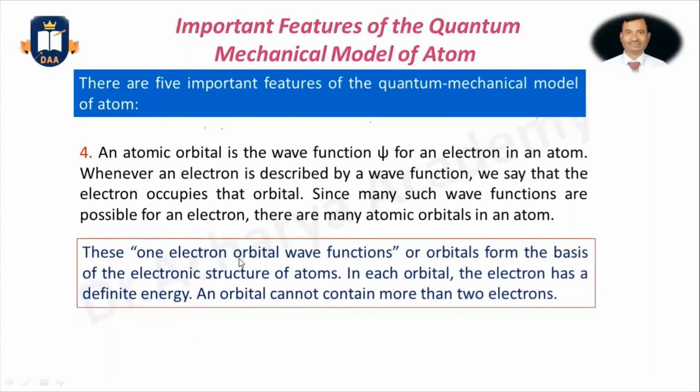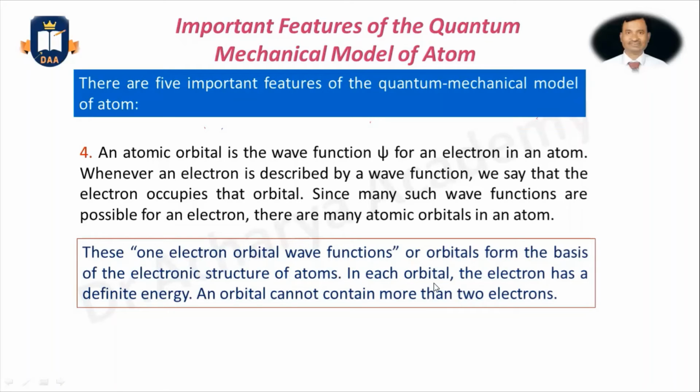These one-electron orbital wave functions, or orbitals in plural, form the basis of the electronic structure of atoms. That means whatever we observe nowadays about the electronic structure of atoms is derived from the one-electron orbital wave function theory.